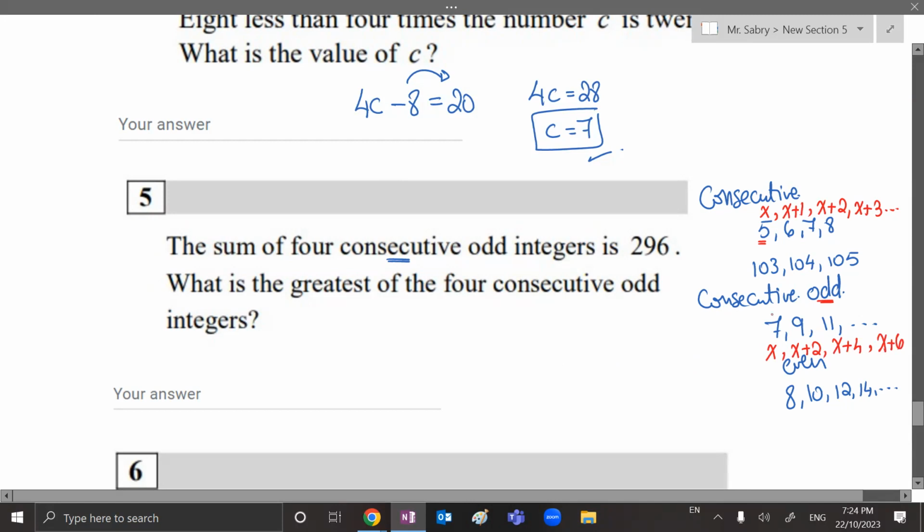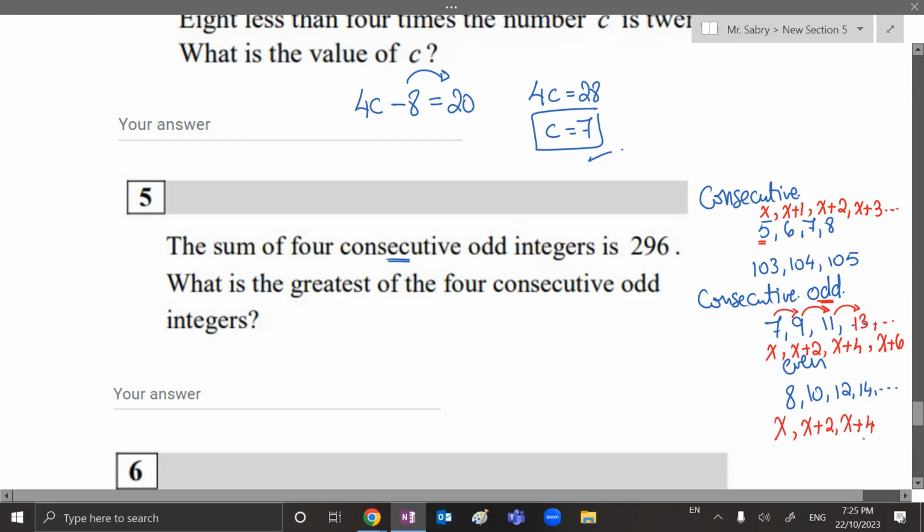Why? Because the difference between 7 and 9 is 2. I add 2 to reach from 7 to 9, another 2 to reach 11, another 2 to reach 13, and so on. The same representation goes for even numbers, because the difference between even numbers is also 2. So if the first one is x, the next is x plus 2, and then x plus 4.